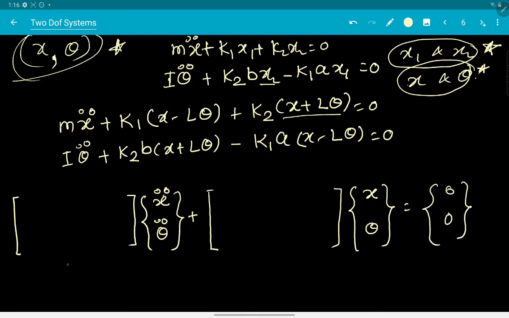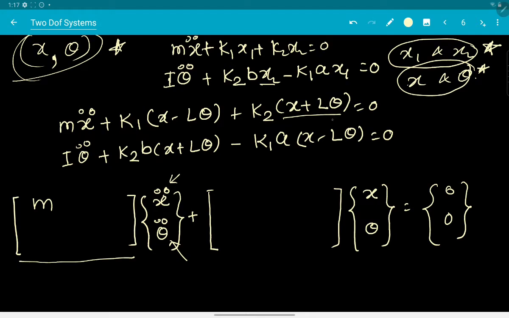So let's try to populate this matrix, which is a mass matrix because it is pre-multiplying this acceleration vector, and let's see what kind of coupling we get between these two acceleration quantities. We have m appearing in this first equation. Is there any term which is theta double dot in this equation?